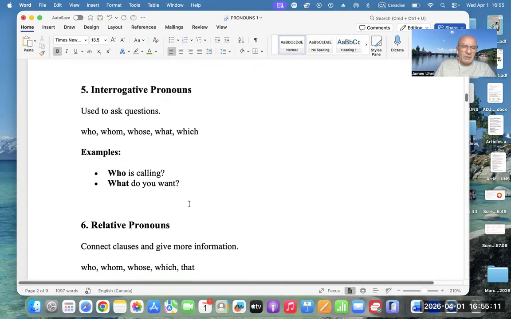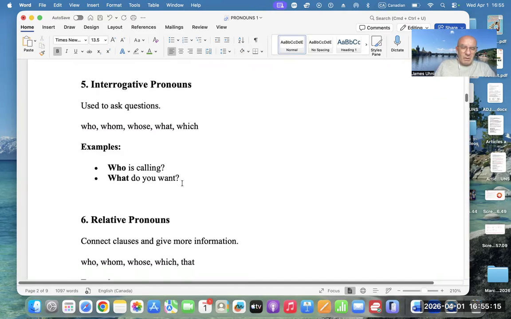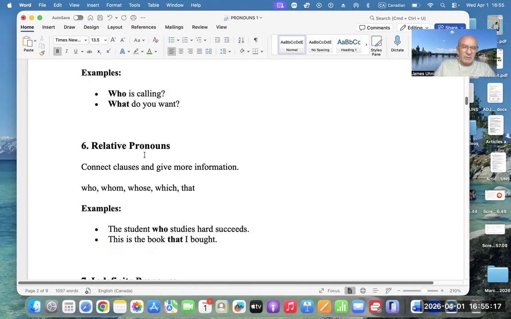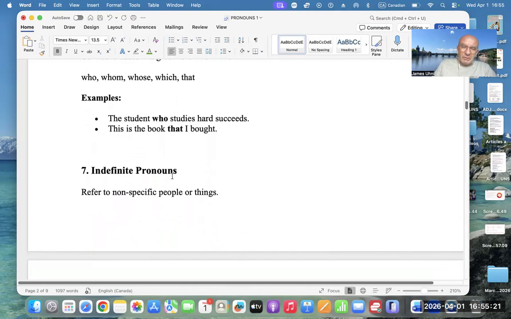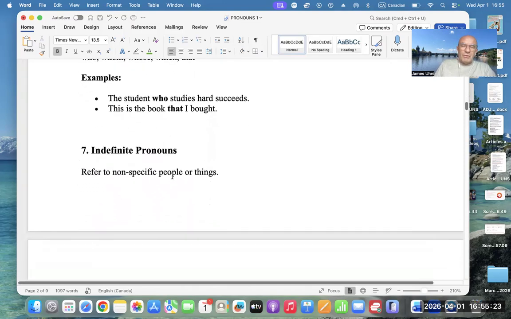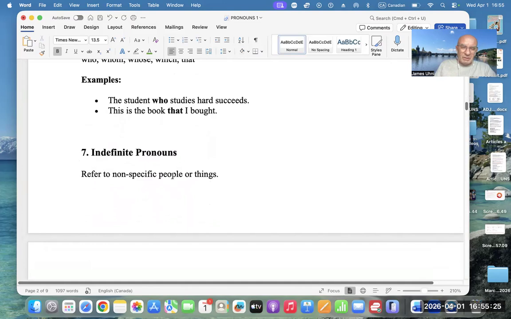So these are interrogative pronouns, and these are relative pronouns. We'll explain that a little bit later, because pronouns are a very broad subject to explain.